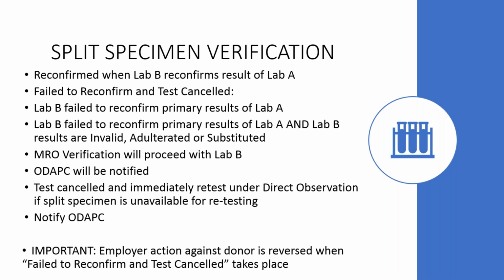If Lab B fails to reconfirm the primary results of Lab A, and Lab B results are invalid, adulterated, or substituted, MRO verification will proceed with Lab B. ODAPC will be notified, test canceled, and immediately retest under direct observation if the split is unavailable for retesting. Very important, employer action against the donor is reversed when failed to reconfirm and test canceled takes place.